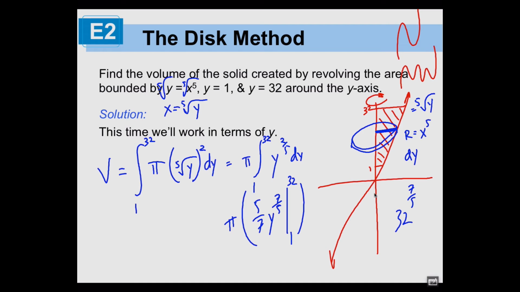If you're feeling saucy, you could draw in that disk, identify r, identify the thickness, make sure you're all in the same variable here, and then set up your integral. And your integral is going to add up all those disks. Okay. Good? Okay, get rid of that.